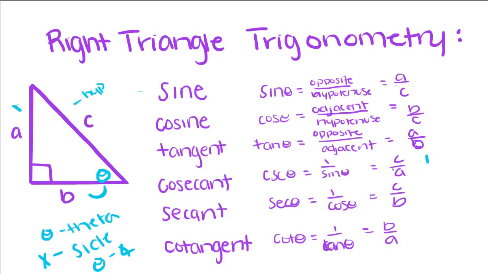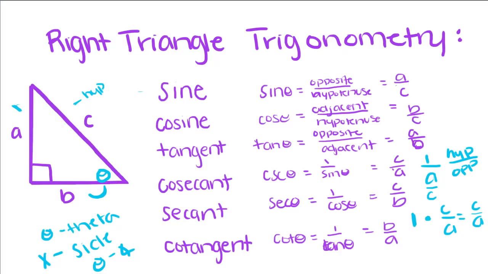So if we took 1 over A over C, and we used our little keep, change, flip rules, where we keep the top of the fraction, change the sign to multiplication, and flip the fraction to C over A, multiply that, we get C over A. That's why this is equal to C over A. You can also think of it as, see how this flips the fraction? Well, if you just flip this and say that this is hypotenuse over opposite. That's another way to remember it.